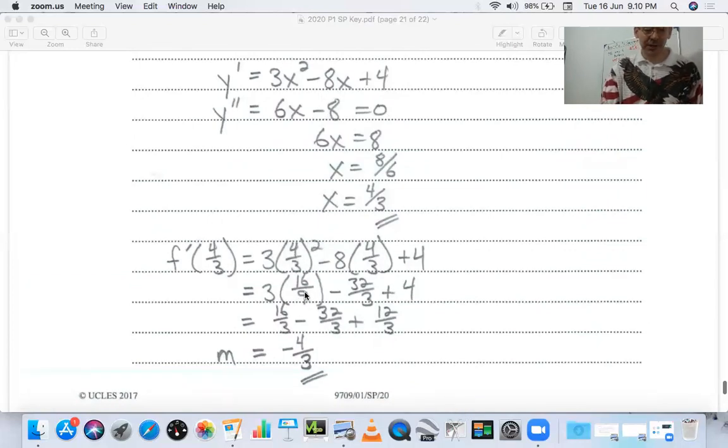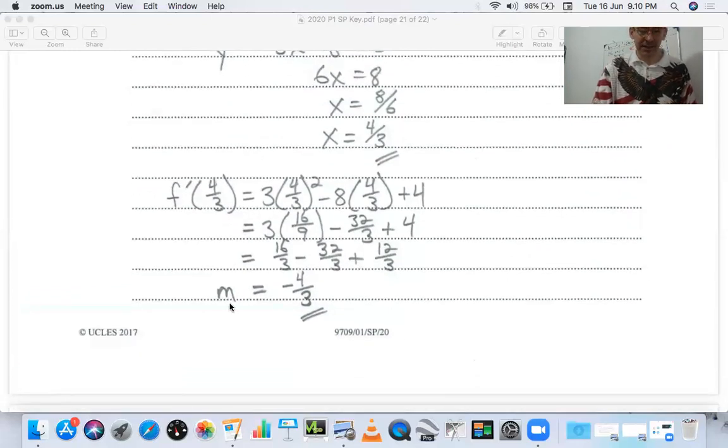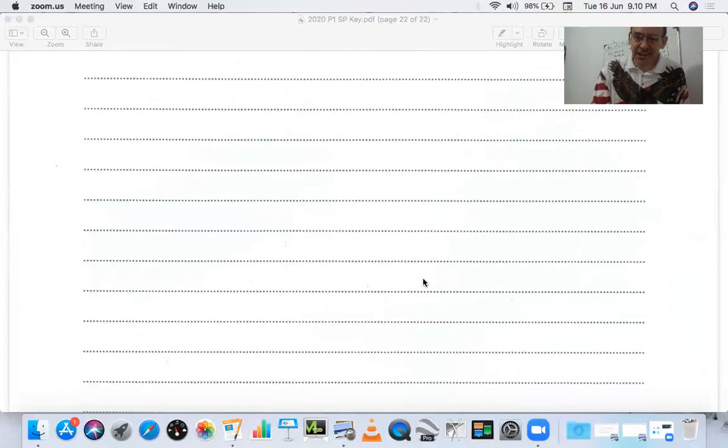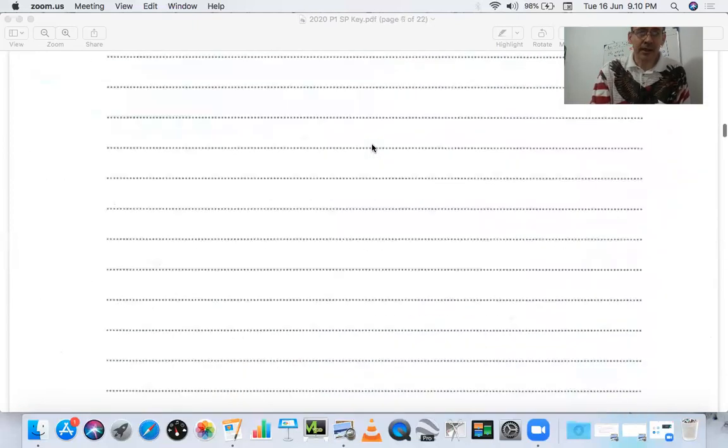This 4/3 squared is 16/9 times 3 is 16/3. 4/3 times 8 is -32/3, and then here's our 4. Again, you can use your calculator. I got a common denominator, so 16/3 is already thirds, and 4 is 12/3. When you combine those together, you get the value of m, which is -4/3.